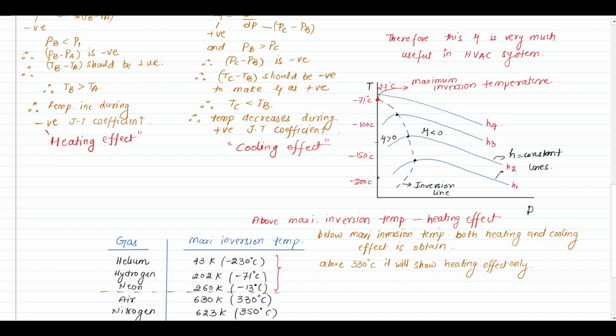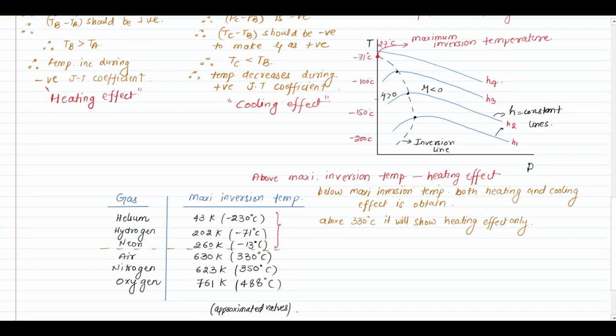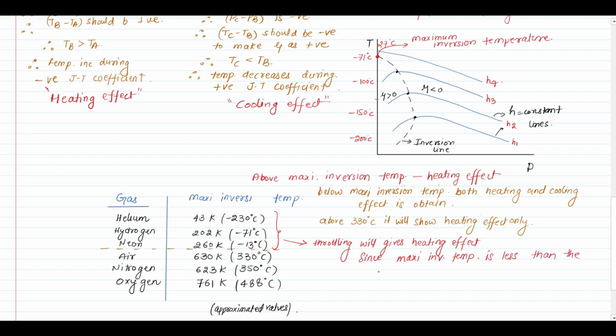So roughly I have plotted. Here we have noticed that if hydrogen gas is throttled at ambient condition, it will only show us the heating effect, because the maximum inversion temperature of hydrogen, helium or neon is less than the ambient conditions.